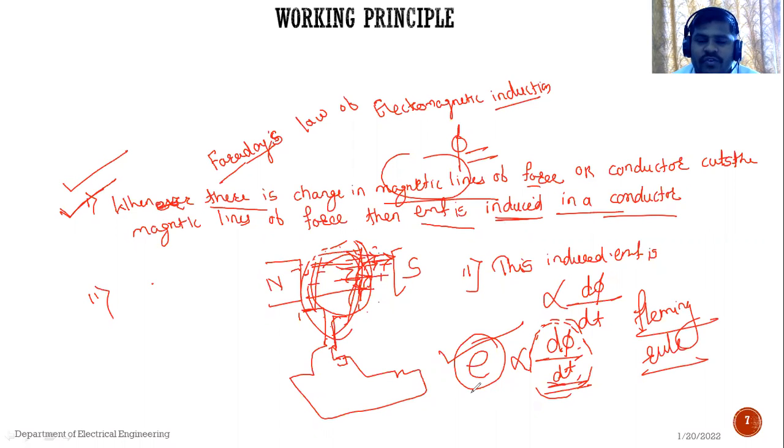Induced EMF जो प्रोड्यूस होतोय, either it may be in the direction of positive, or it may be in the direction of negative. It should depend upon Fleming's right hand rule. Okay, not generator working principle, it depends upon Fleming's right hand rule. All of you clear this? हे क्लिअर झालं का सगळ्यांना? Yes, sir. Okay, so this is the working principle.